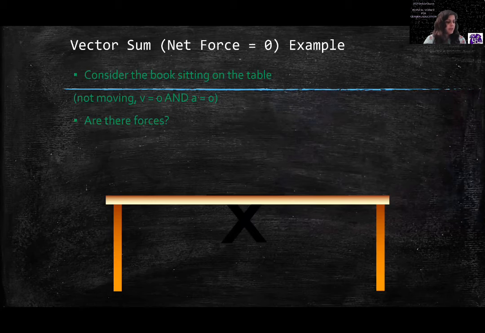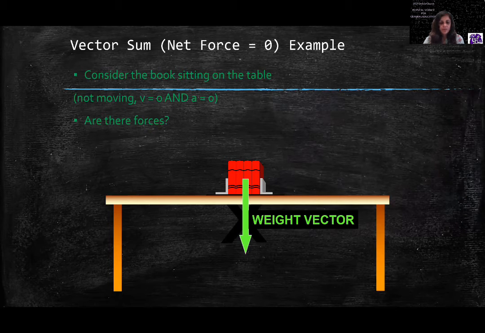Another thing we can do to look at the vector sum is to look at this book that's sitting on a table. We can draw the forces on the book, and one of these forces is the weight of the book. Weight is a force. Weight is the force that's due to gravity, right?